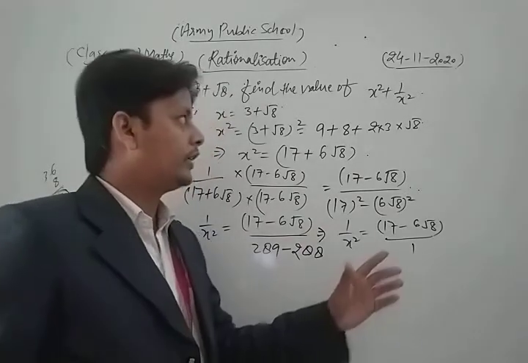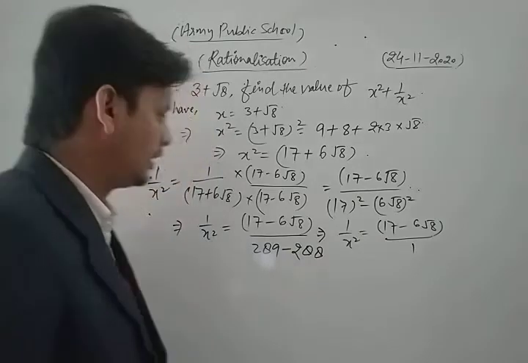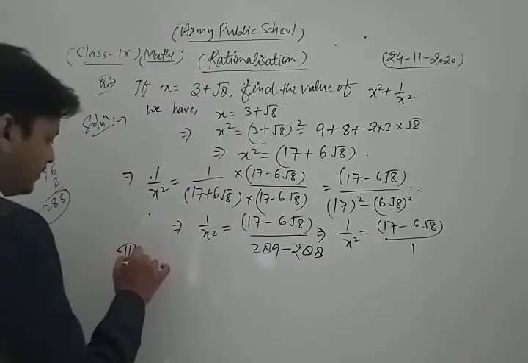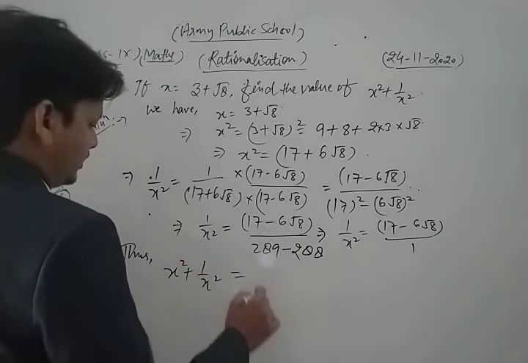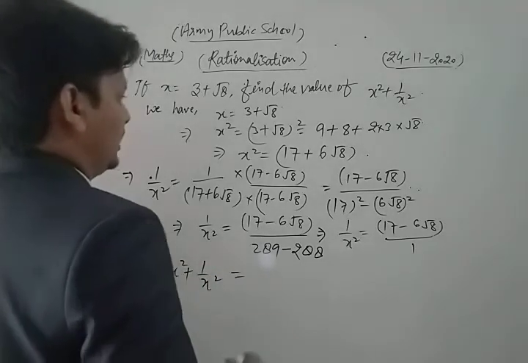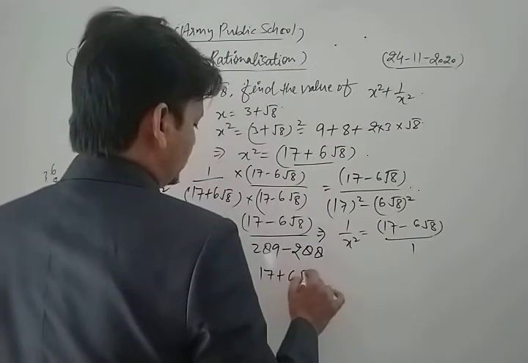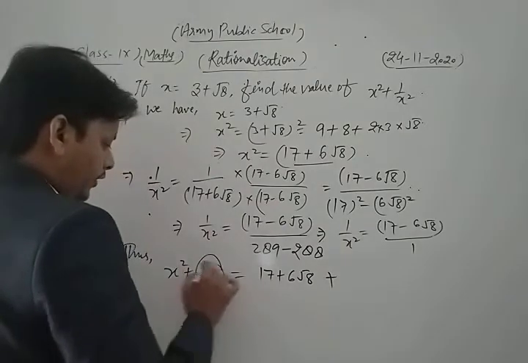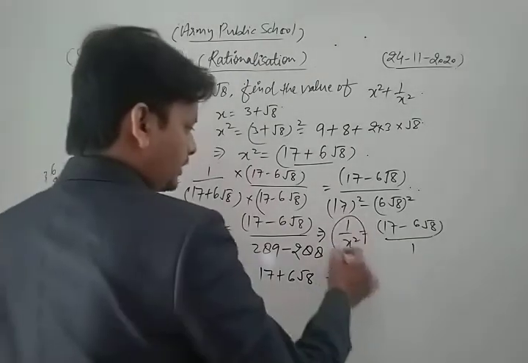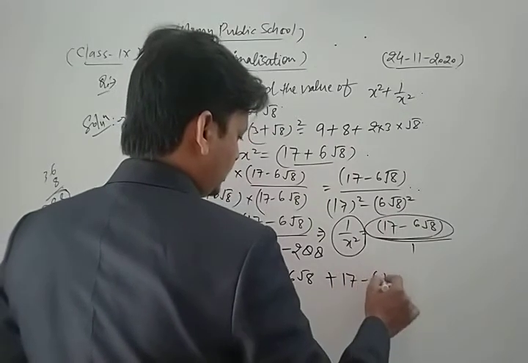Now we find the value of x square plus 1 upon x square. So we add them. Thus the value of x square plus 1 upon x square is, the value of x square is 17 plus 6 under root 8, plus the value of 1 upon x square, which is 17 minus 6 under root 8.